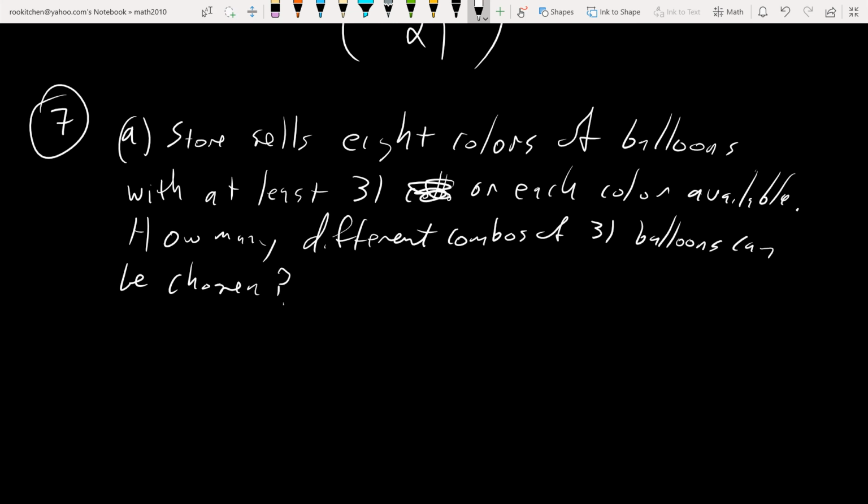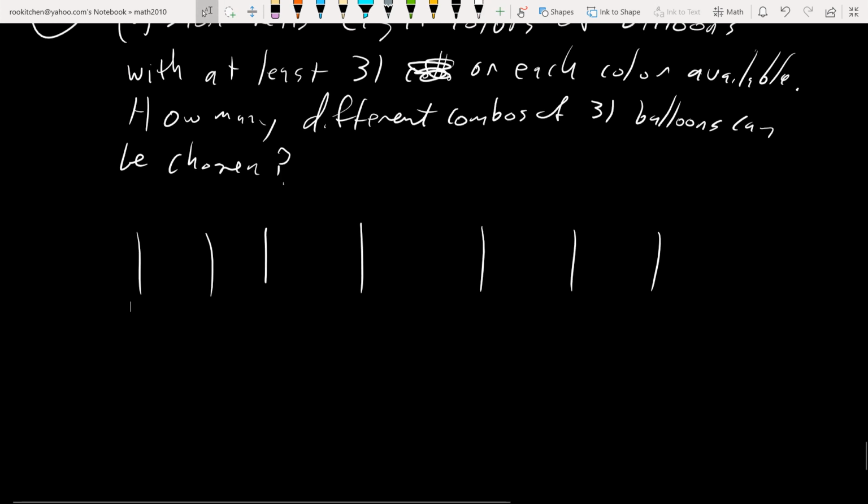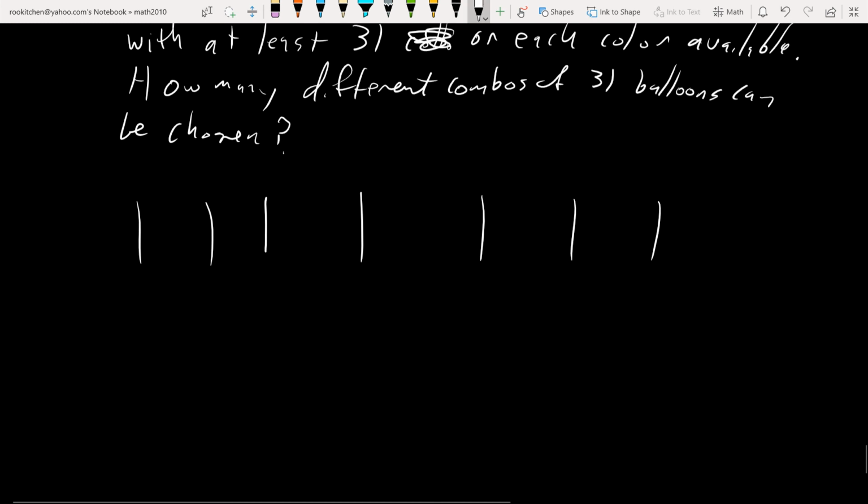So in this case, we're basically putting x's into the color slots. How many color slots are there? There's 8. In other words, there's 7 slashes, right? So 1, 2, 3, 4, 5, 6, 7. And then we're plopping in 31 x's. So at the end of the day, let's just write it out.